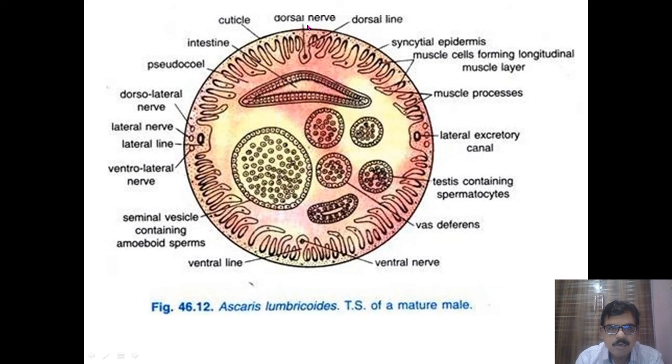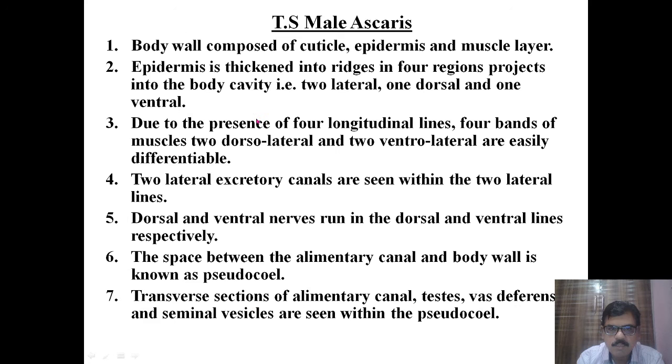At the dorsal end there is a dorsal nerve, at the ventral end there is a ventral nerve or the ventral line, and inner to it, it has the vas deferens and the seminal vesicle which contains the amoeboid sperms. So these are the structures which are present in the TS of the mature male of Ascaris.